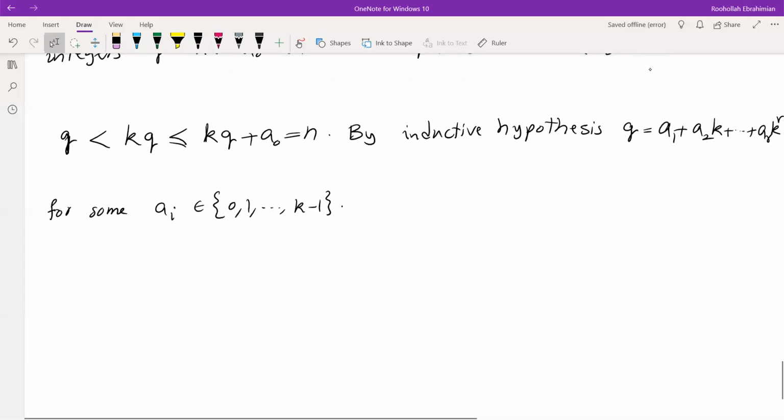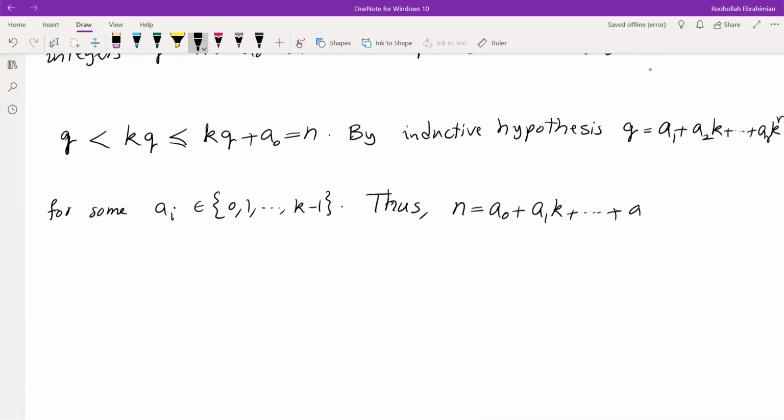Thus, n becomes a0 plus a1k all the way to ar k to the power of r, as desired. And that completes my proof.